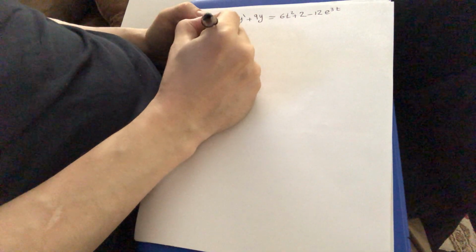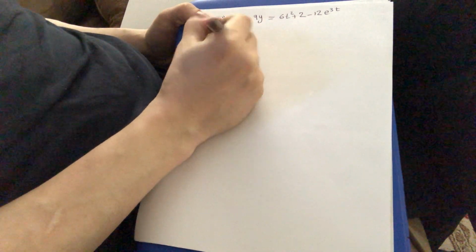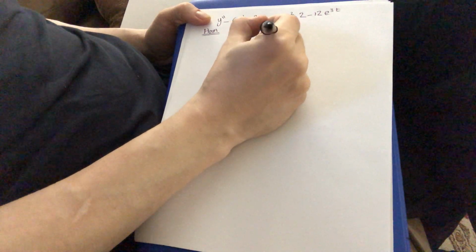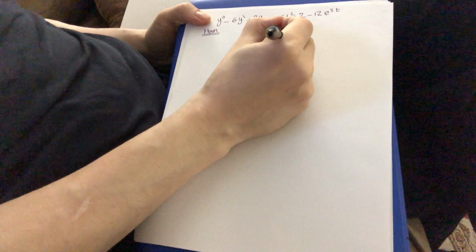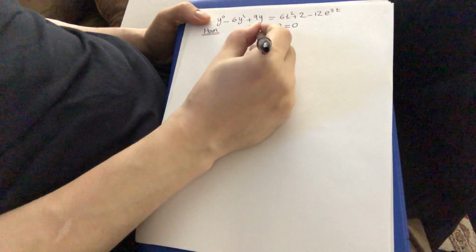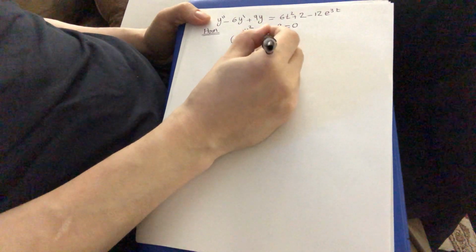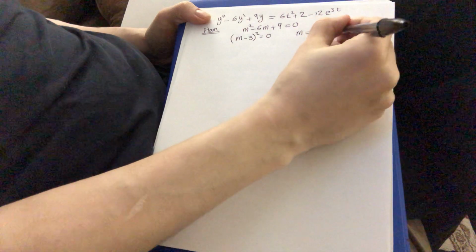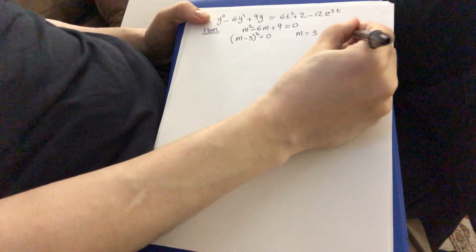So we'll do the homogeneous first. So we have m minus 3 squared. So the answer is m equals 3, and we know it's repeated.